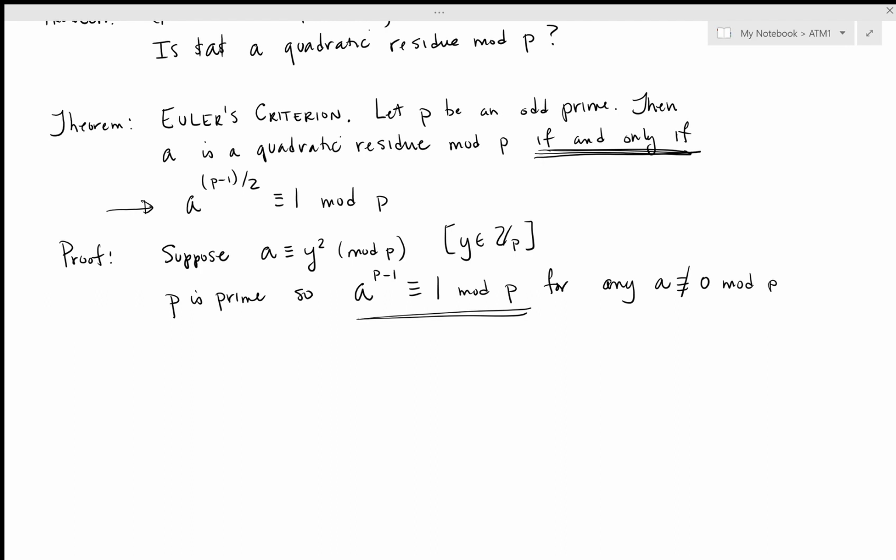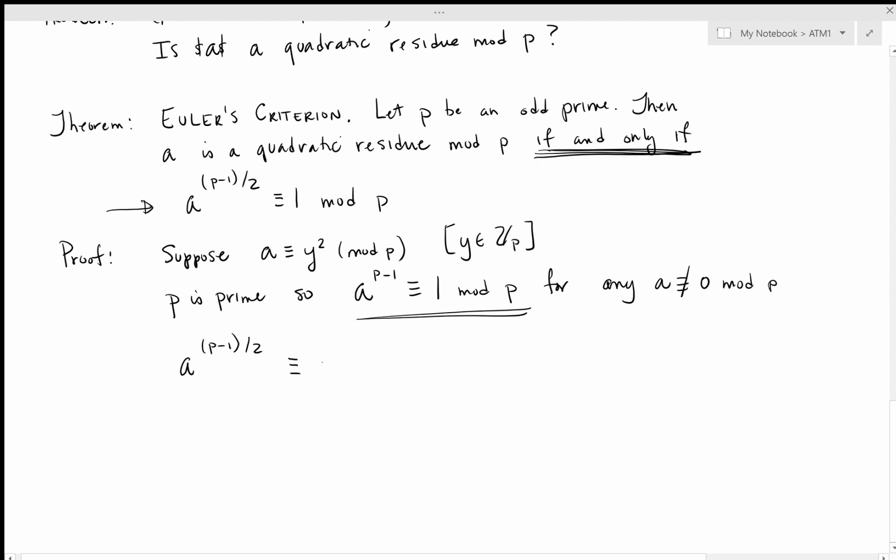All right, so now I'm going to take A to the (P minus 1)/2, and that is going to be congruent to, well, what is A?